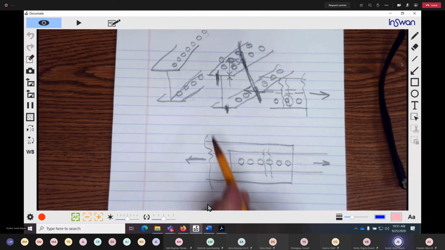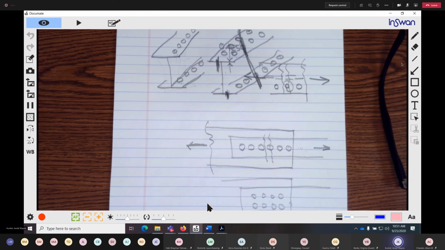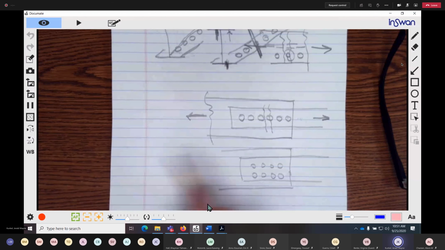Now, obviously, if we had the condition where we've got 2 rows of bolts, and again, let's take these 2 plates, here's the wide flange.